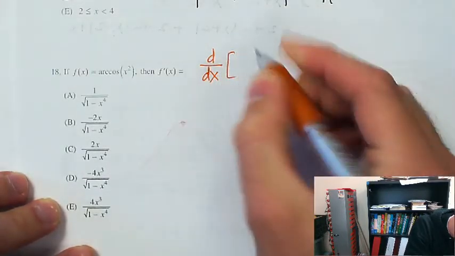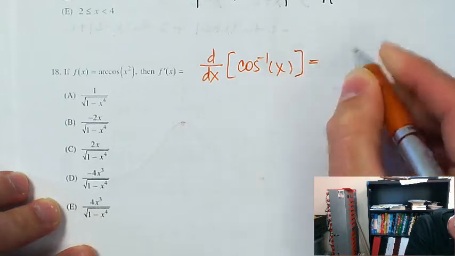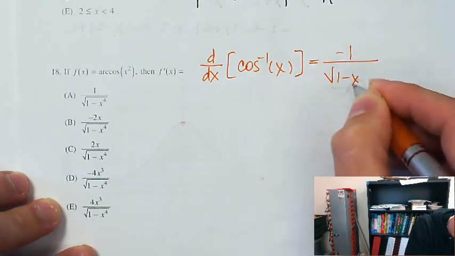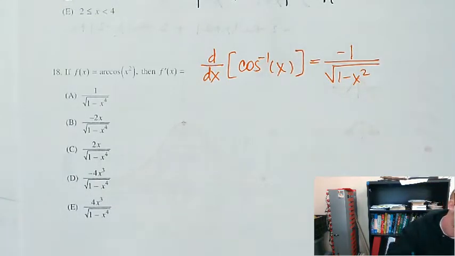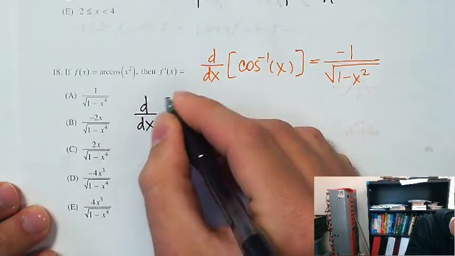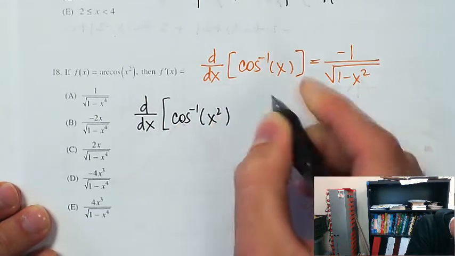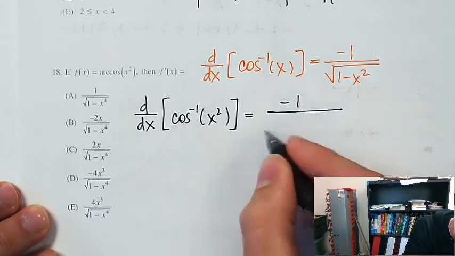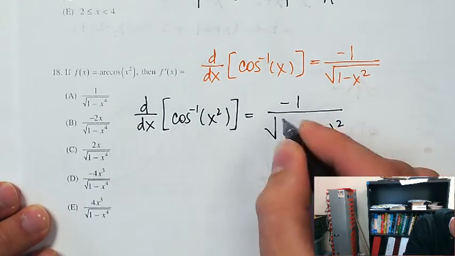The derivative with respect to x of inverse cosine of x is equal to negative 1 over the square root of 1 minus x squared. Okay? So when I go to take the derivative of arc cosine of x squared, that would be negative 1 over the square root of 1 minus something squared.